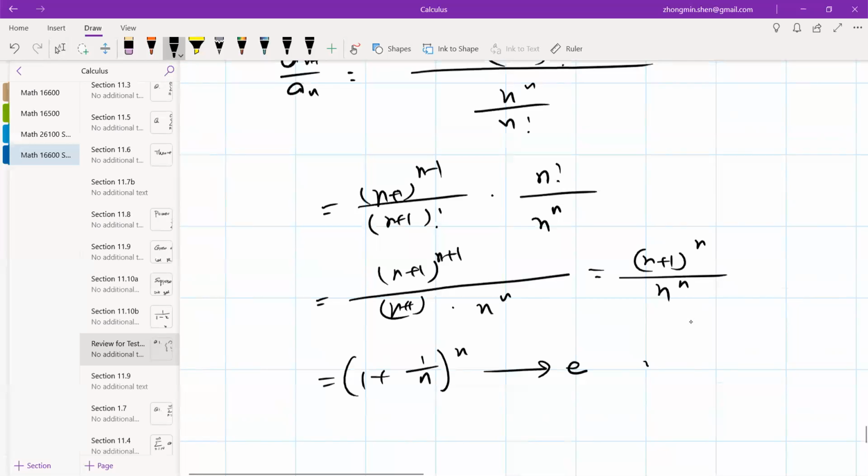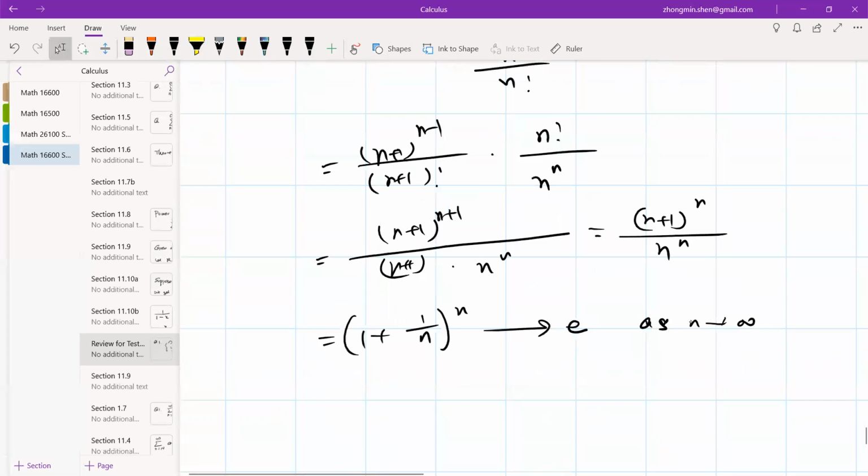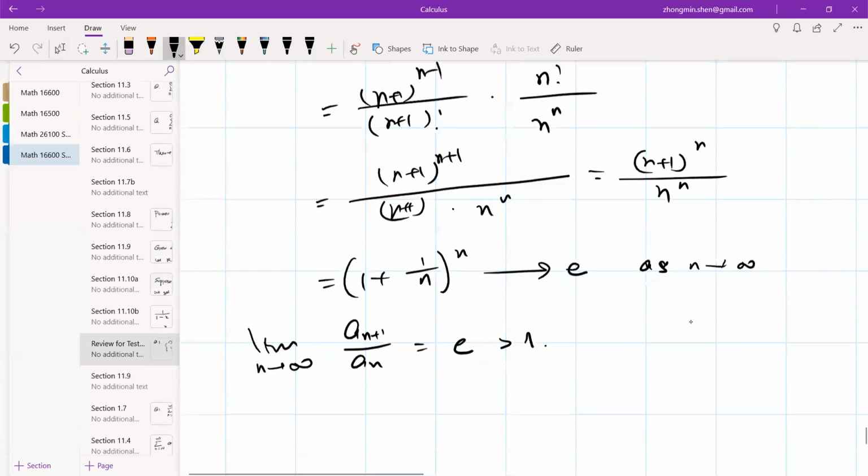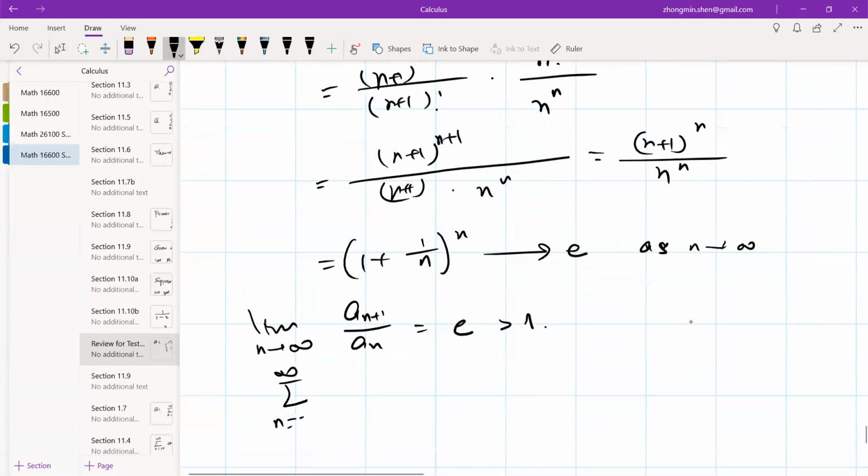It converges to e as n goes to infinity. So for the ratio test this time, we're lucky, we find the limit. I thought that we could not, right? So it's going to be e, which is greater than 1. So that means divergent by the ratio test.